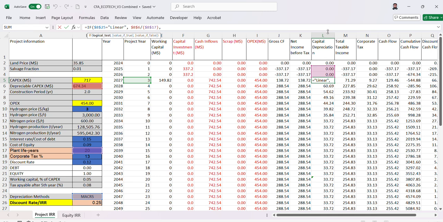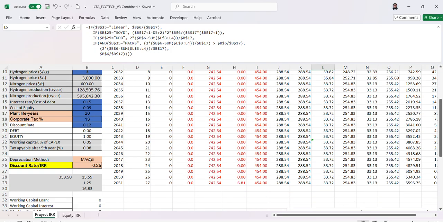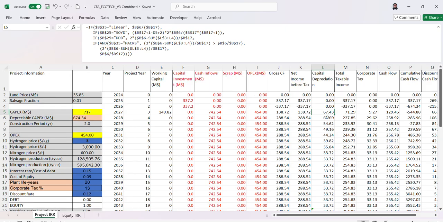I have given you all the equations here. I have given the equations, the coding here, for linear, SOYD, DDB and MACRS. Depending on your selection from here, the capital depreciation will be calculated.